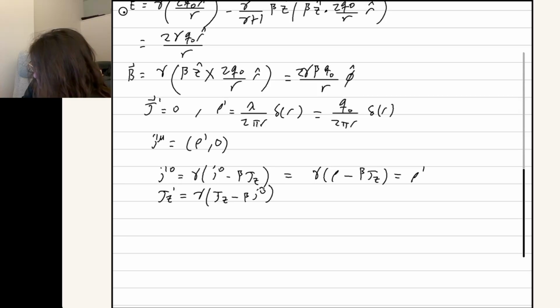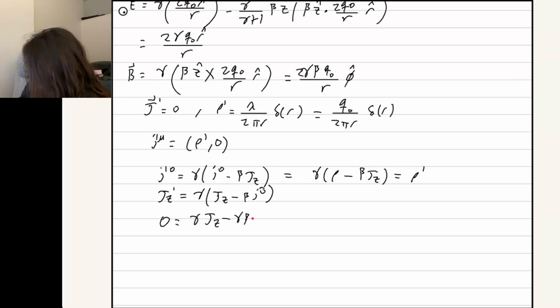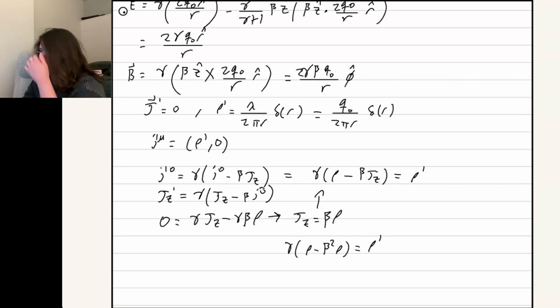We'll work with this one first because the left-hand side is 0. We already kind of figured that out. So we have this stuff, and then J0 there, we'll have it turn into rho, and then we'll solve for Jz, so we get Jz is equal to just beta rho. And we'll shove that into this equation here and say that gamma rho minus beta squared rho is equal to rho prime.